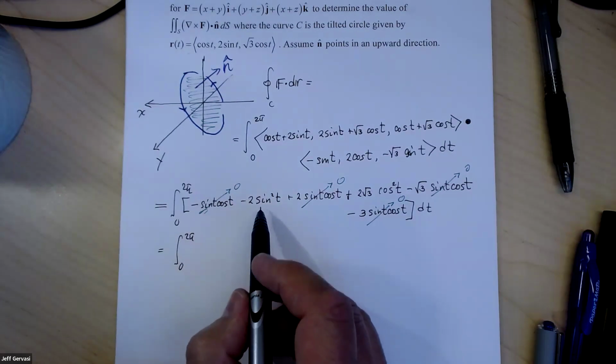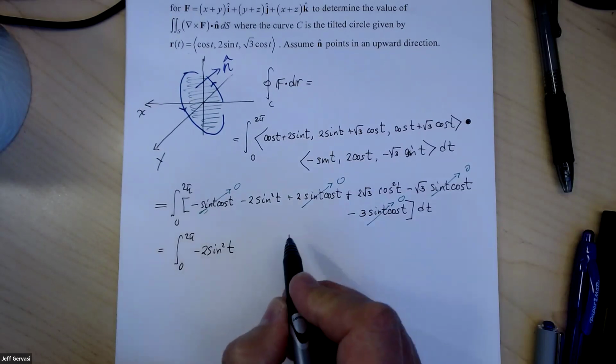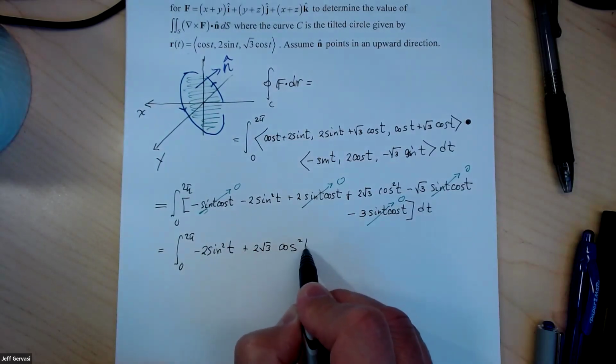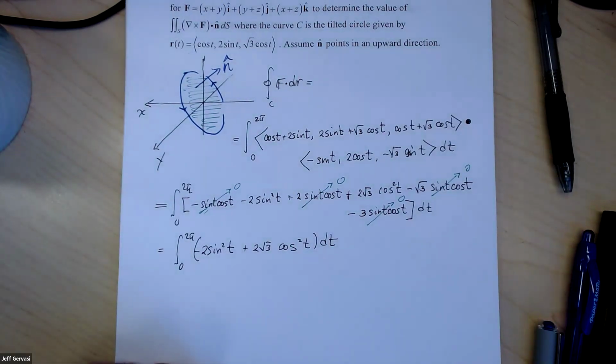What's left is negative 2 sine squared. It's 2 root 3 cosine squared. Now, those are even powers of the sine and the cosine, which means you're going to have to use the half angle identities to go further.